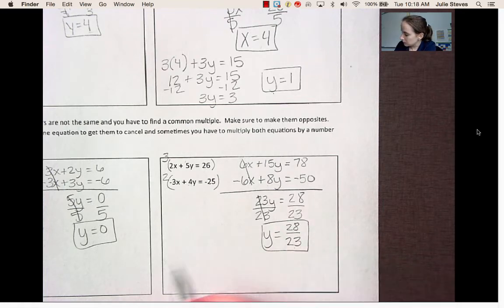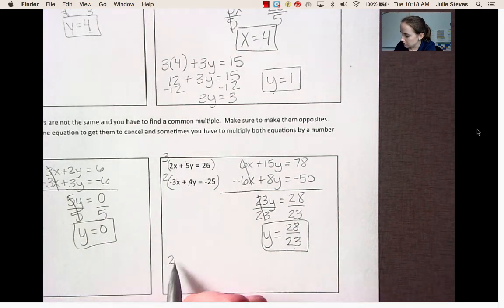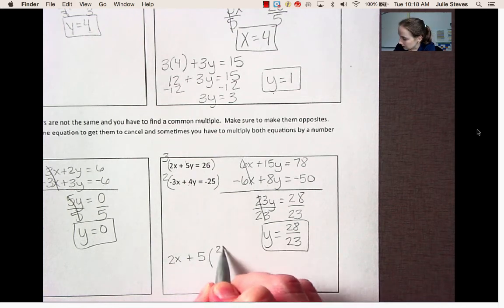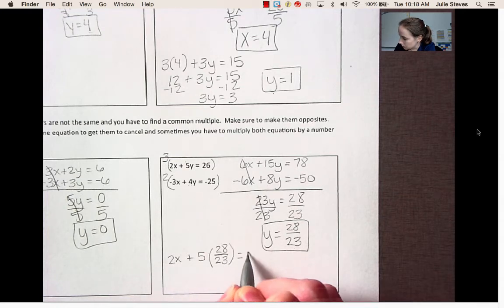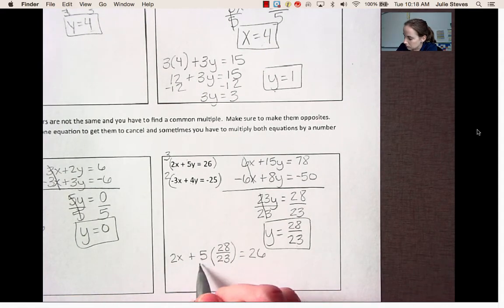So what we're going to do is, let's work with the first equation. 2x plus 5 times the y value here, 28 over 23, equals 26. Now remember, 5 is just 5 over 1, and when we multiply, we do the numerators and then the denominators together.